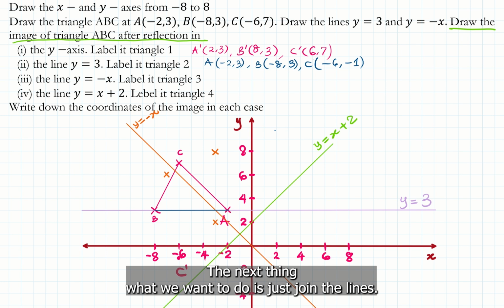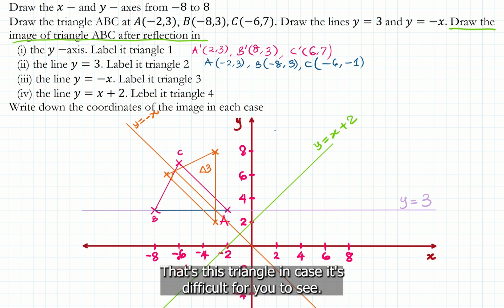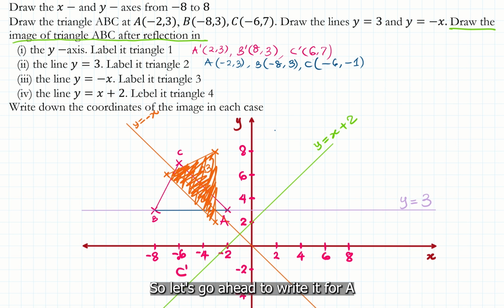The next thing we want to do is to just join the lines. So let's do that. Now that's triangle 3. That's this triangle, in case it's difficult for you to see it. That's that triangle right there. We need to write its coordinates, so let's go ahead and write them. For A, we have -3 right there and 2.